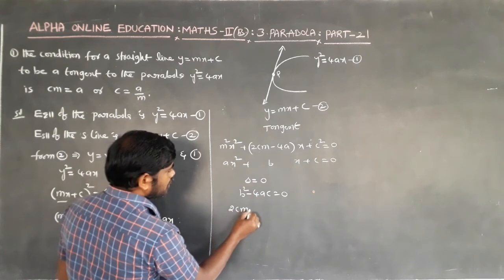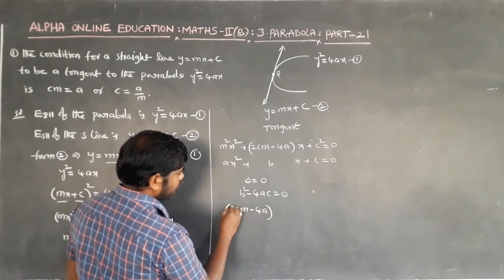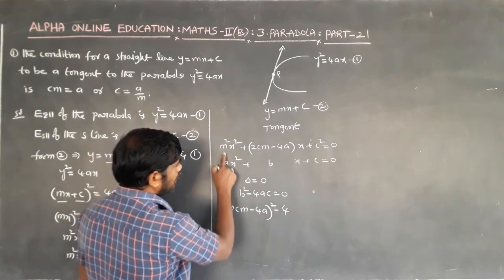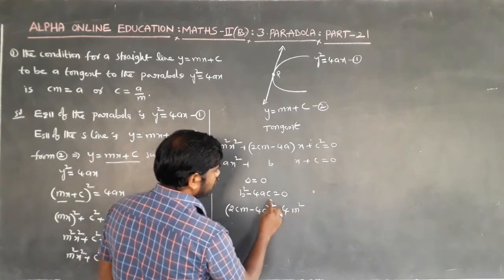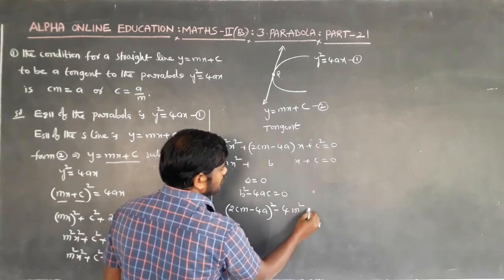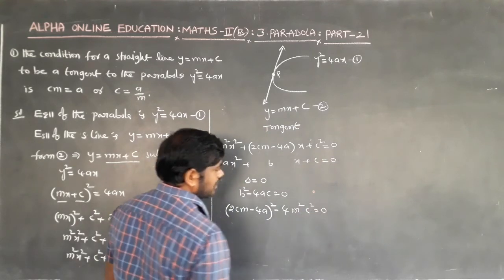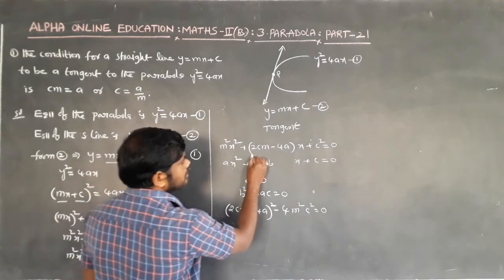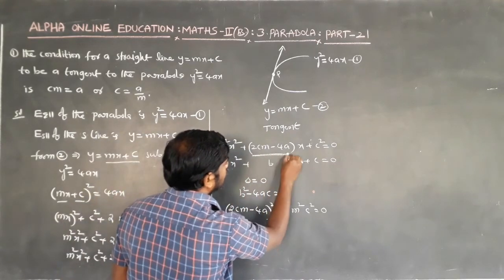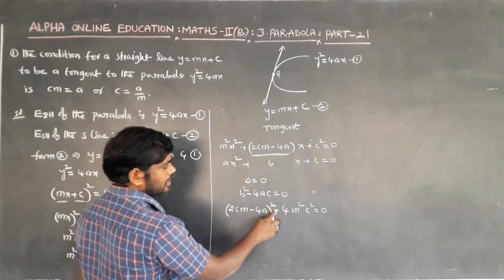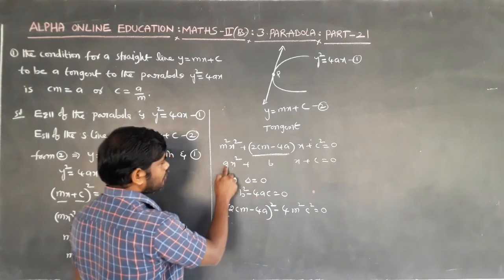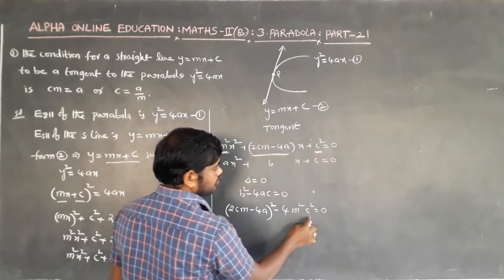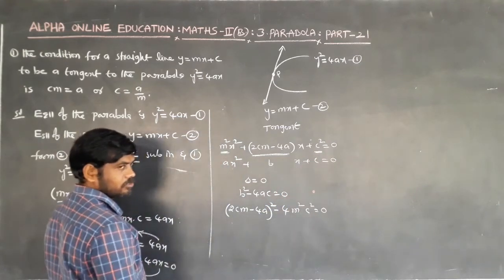So (2cm − 4a)² − 4m²c² = 0, where a is m², b is 2cm − 4a, and c is c².